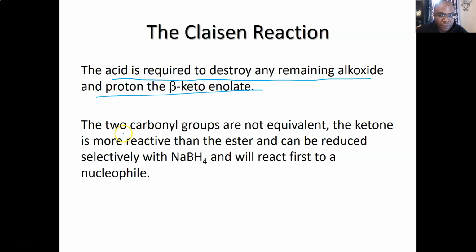Okay, the two carbonyl groups are not equivalent. The ketone is more reactive than the ester and can be reduced by sodium borohydride and can react fast to a nucleophile. What does that mean? You see how you have your product.